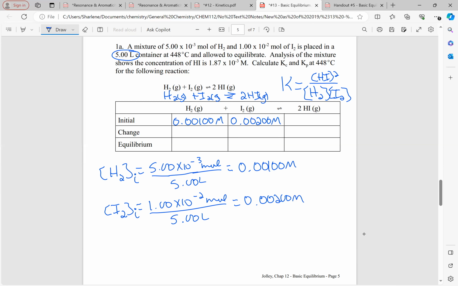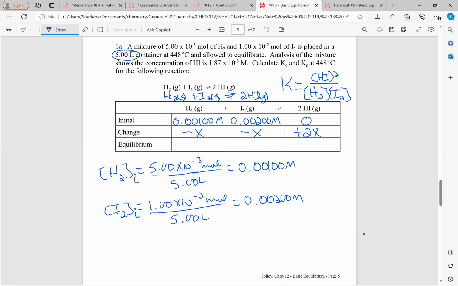Now, I'm going to go back to the problem. A mixture of hydrogen and iodine is placed in a container and allowed to equilibrate. So I did not put any HI in initially. And I know it's going to change based on its stoichiometry.